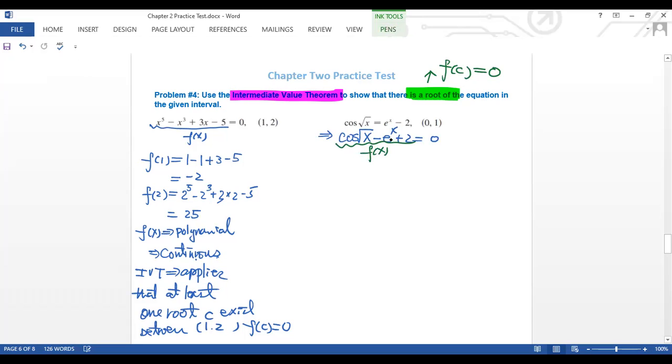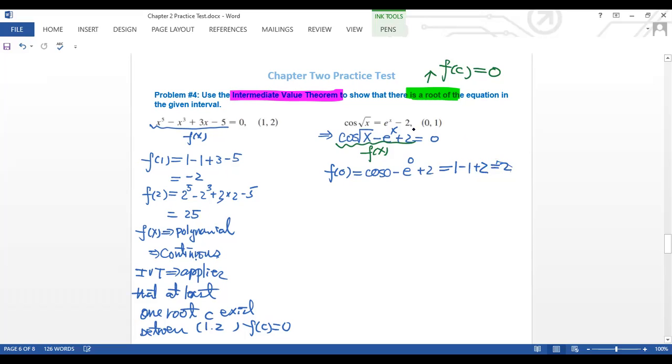Let's see whether the root exists or not. The same thing here: f of 0 is cosine 0 minus e to the 0 plus 2. Cosine 0 is 1, minus 1 plus 2, so this is 2 here.